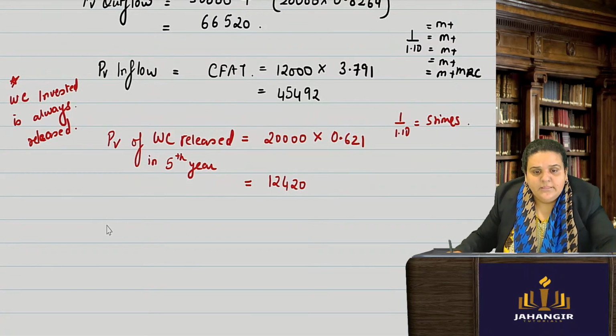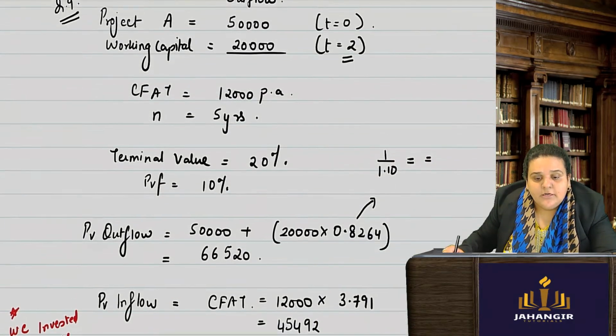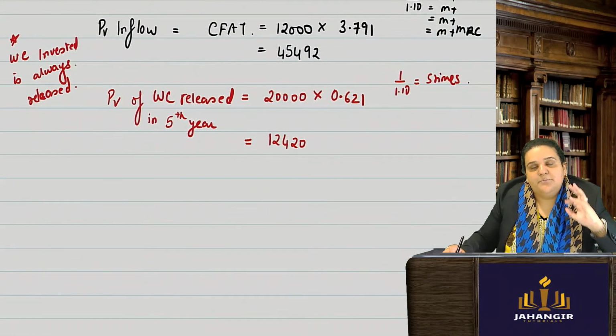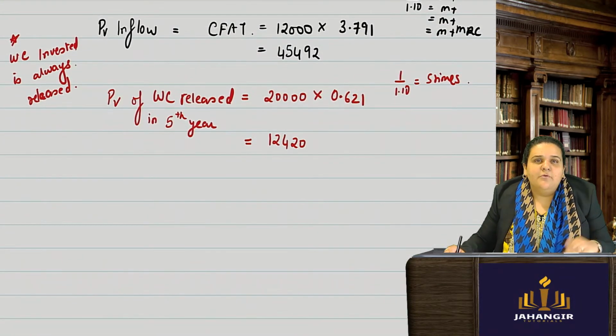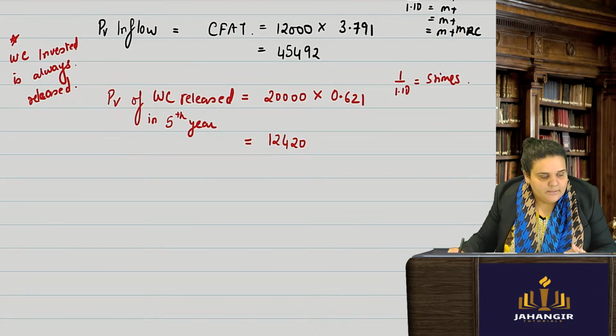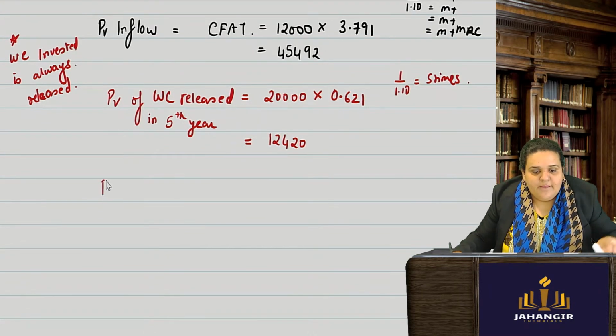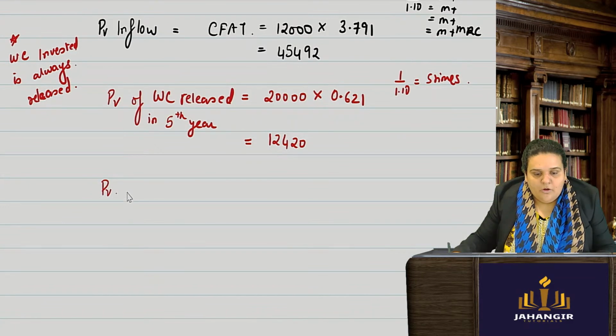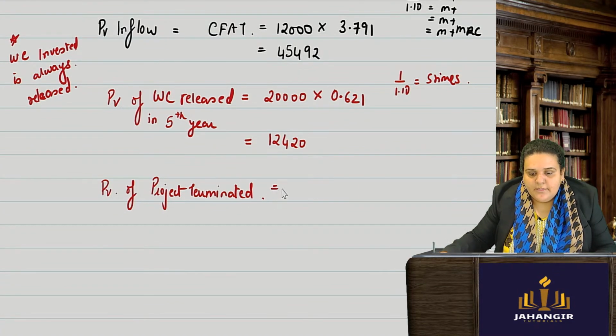Also, there is a terminal value of 20%. That means this project is going to go like how you sell a particular machine in scrap. So I'm going to terminate at 20%, and I'm going to get some return. So PV value of the project terminated at 20%: 50,000 into 20%.